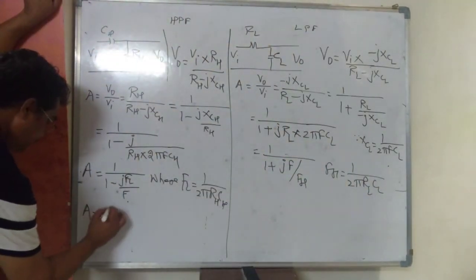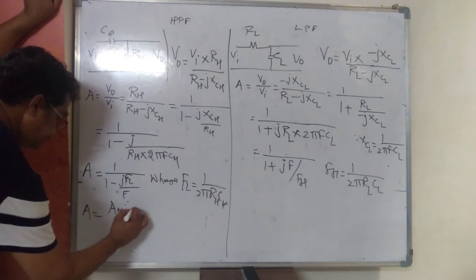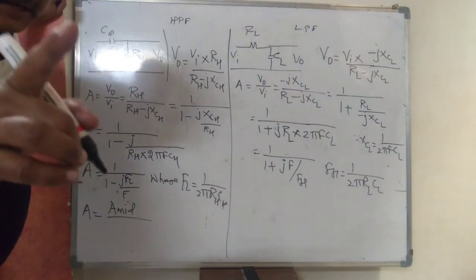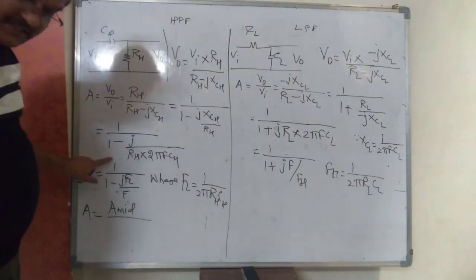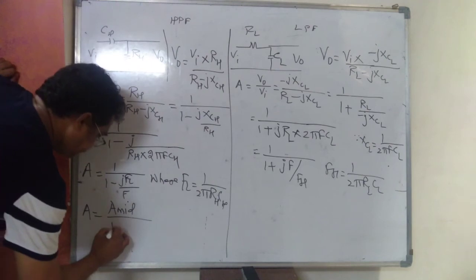So A is equal to A mid. I told you the maximum gain in an RC combination is 1. Maximum gain in RC combination is 1. So I am replacing this 1 by A mid.